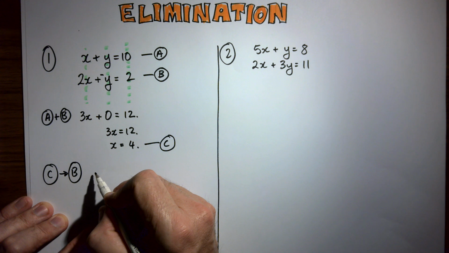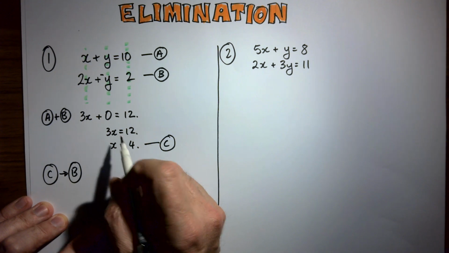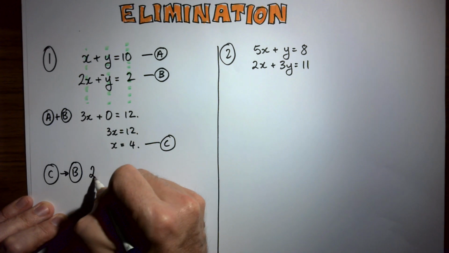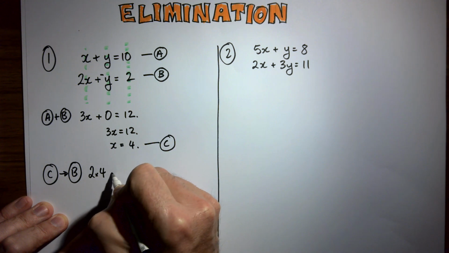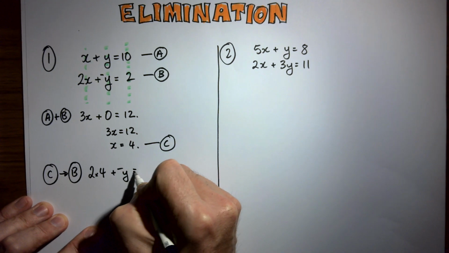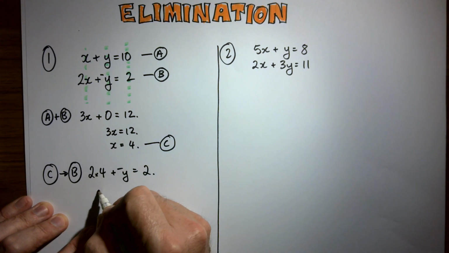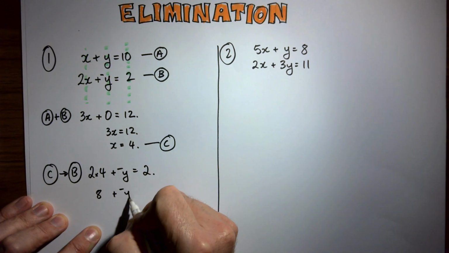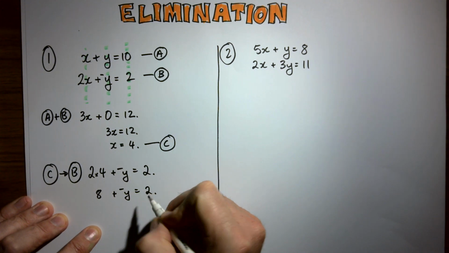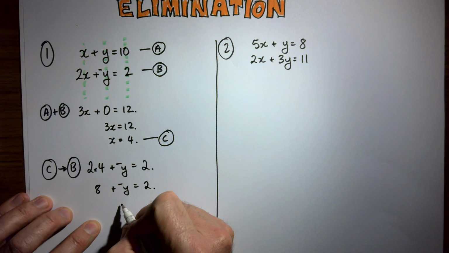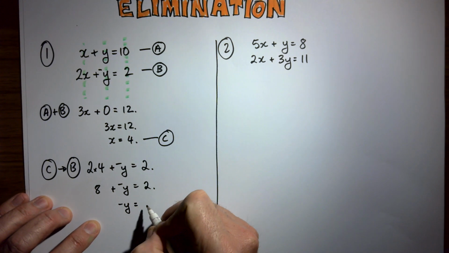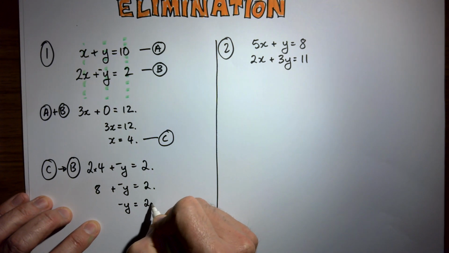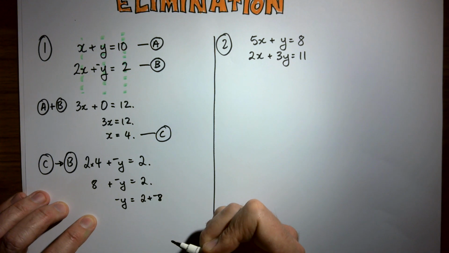So what have I got? Everywhere I've got an X, I replace it with 4. So it's 2 times 4 plus negative Y equals 2. So that's 8 plus negative Y equals 2. So that's negative Y equals 2 plus negative 8.